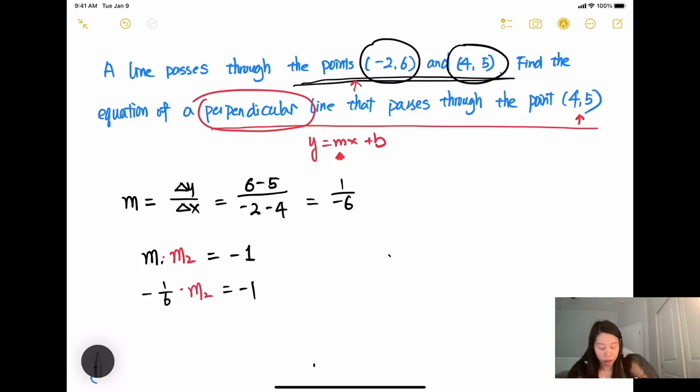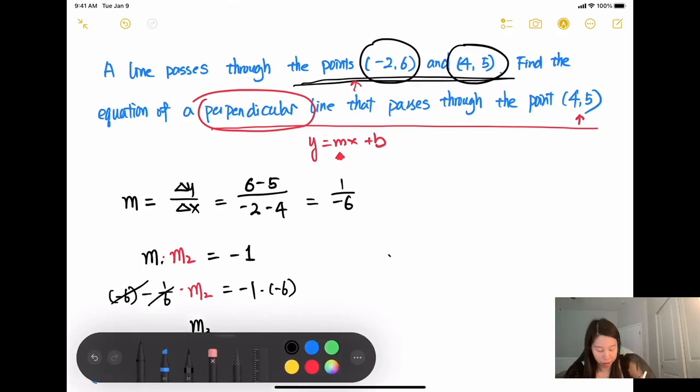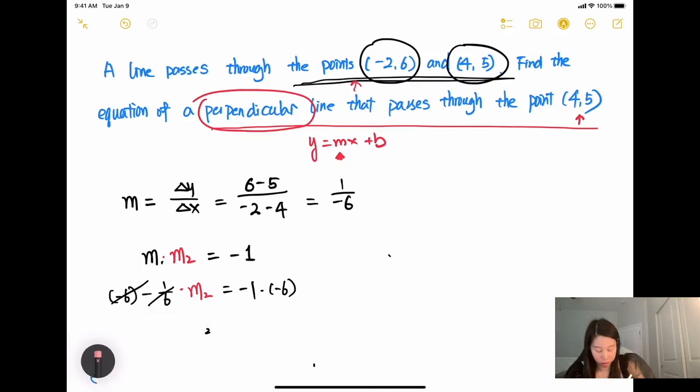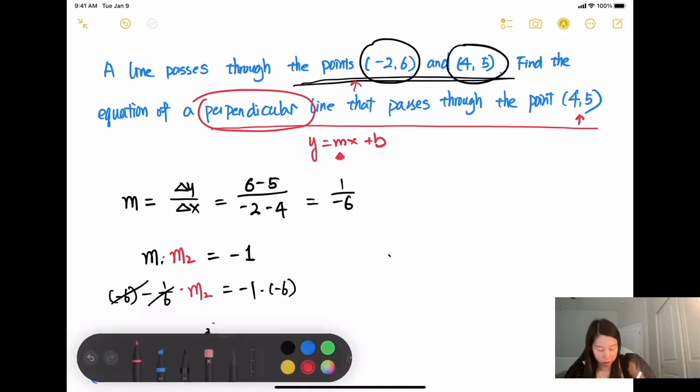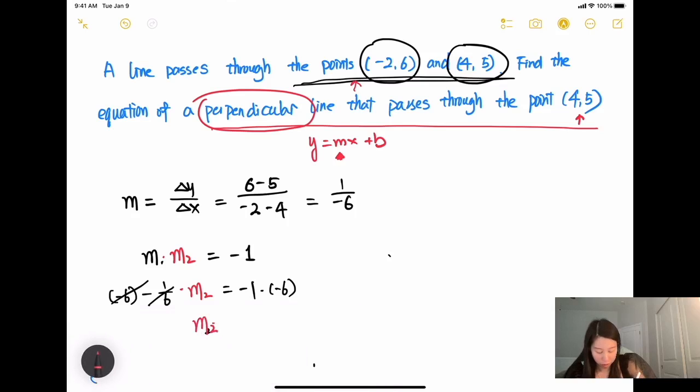Now we try to solve for m2, which is the slope of the second line, the second equation. So you multiply by negative 6 on both sides to get rid of the 1/6. So I have m2. Let me use a red pen, since I've been using the red pen for the second slope. So m2 equals 6. Now we have the slope.